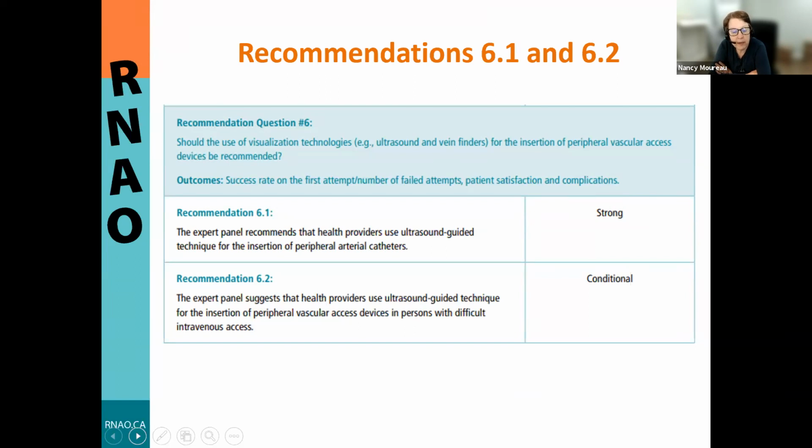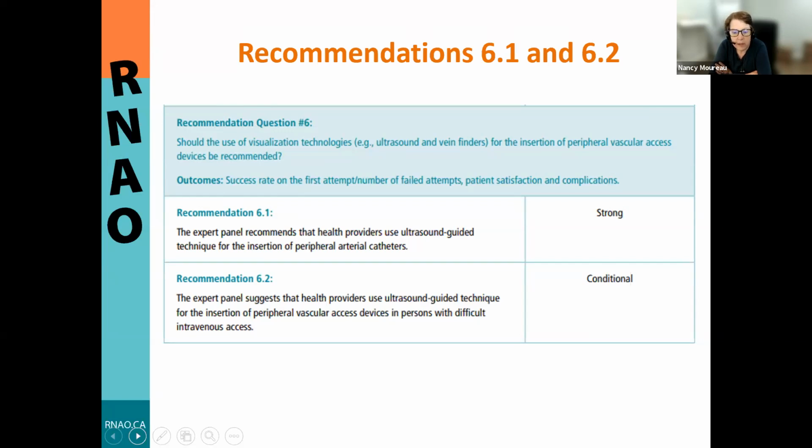Additionally, the expert panel felt that the success of this recommendation would be dependent on individual characteristics of the healthcare provider and of the patient receiving the peripheral vascular access device, the training and the expertise of the health provider, and the availability of ultrasound at the practice site.